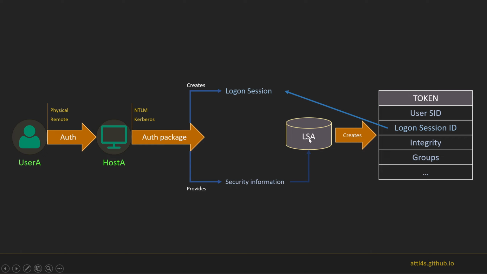This information includes the security identifier of the user, its privileges, the groups the user is a member of, and so on, and also an identifier of the Logon session created. Then LSA uses this information to create an access token with all the information. We can see here that there is a link between the access token and the Logon session through the Logon session ID.